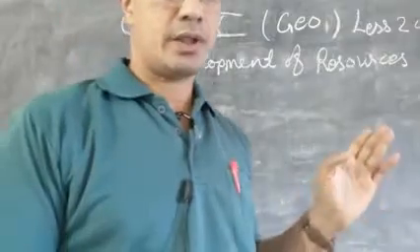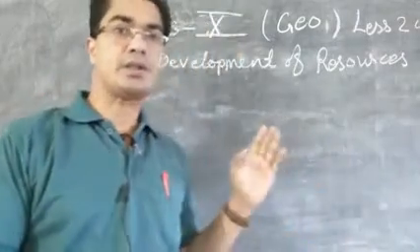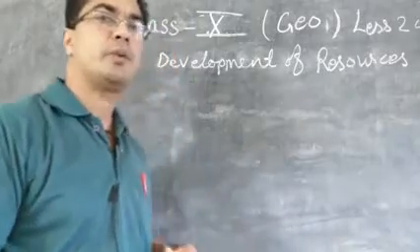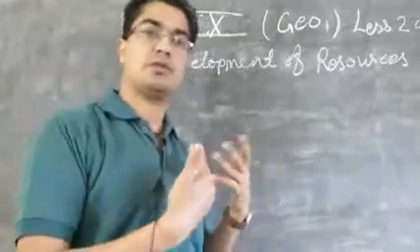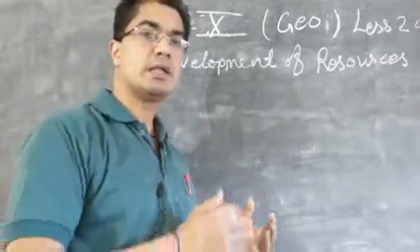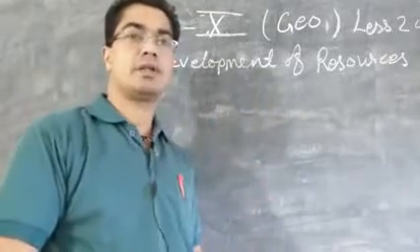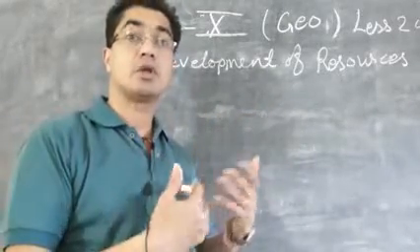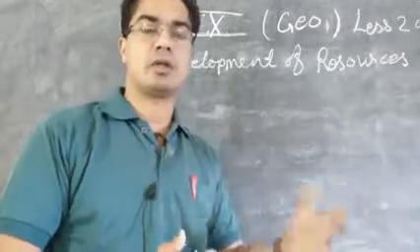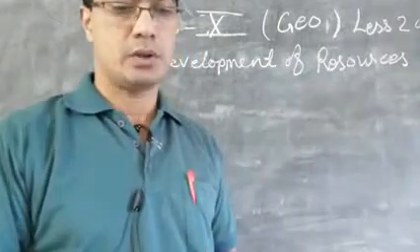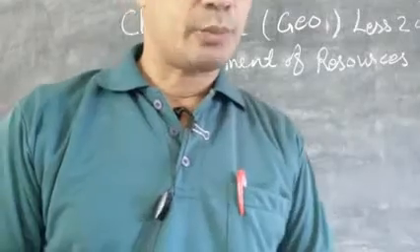One is the depletion of the resources. Thinking that it is a free gift of nature, people have simply used it, whether it was required or not, and so it has got depleted. Depleted means got over completely, and those resources have become very scarce now. That is the problem.